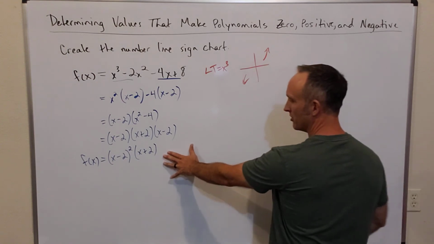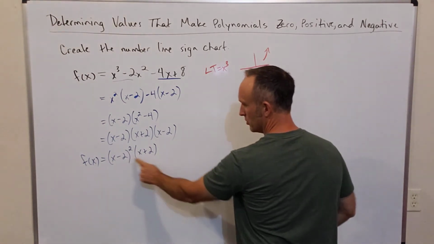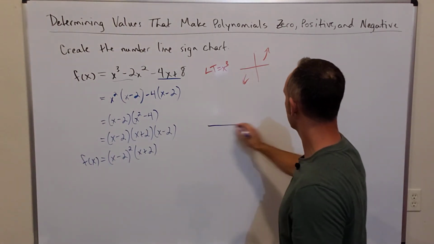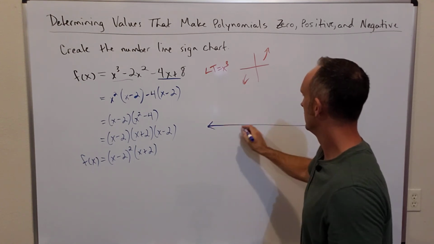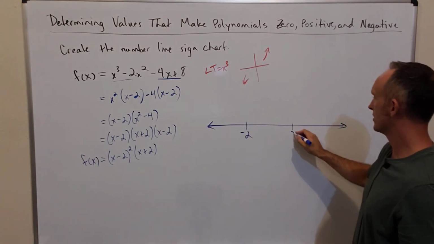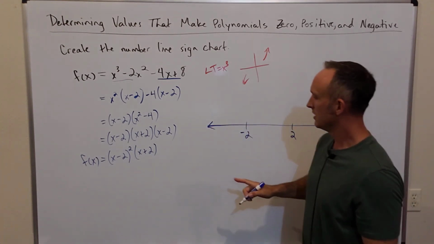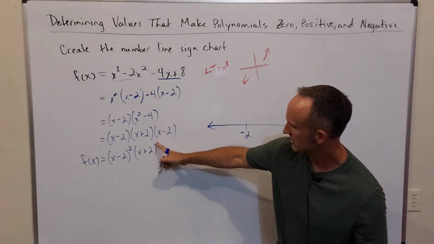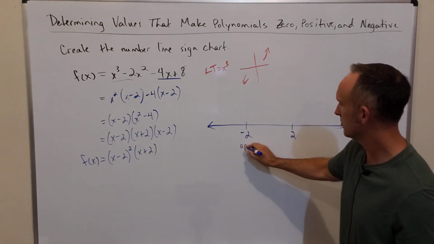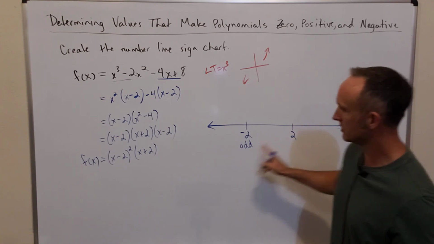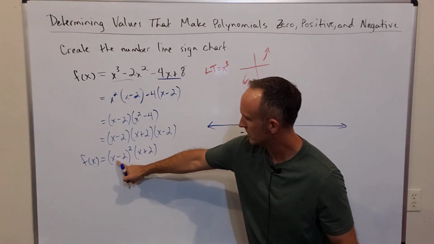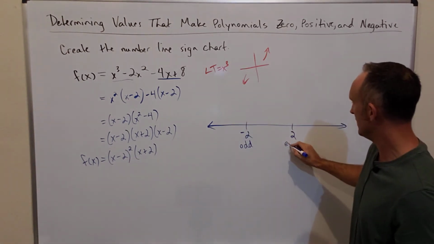And now we know the zeros are positive 2 and negative 2. Negative 2, of course, comes first, then positive 2. Negative 2 has a multiplicity of 1, so that's an odd multiplicity. And positive 2 has a multiplicity of 2, which is even.